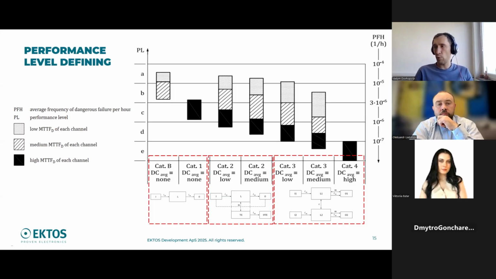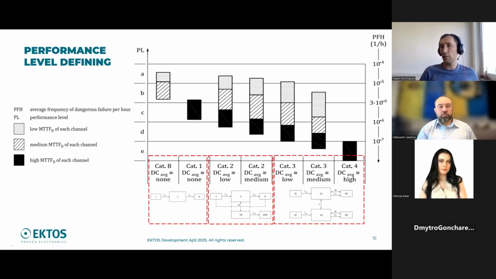And if you have one channel with diagnostics, you can see the maximum level you can reach is D. And for this one, you need to again play with different mean time to failure and performance level, and you can reach different levels.